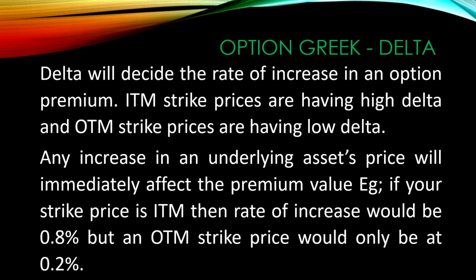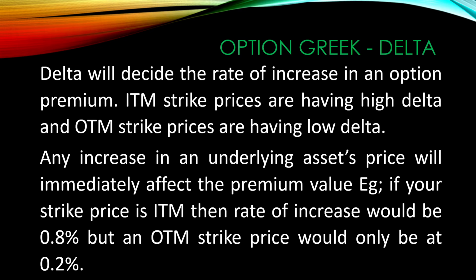In our previous video, we clearly mentioned that the premium of an option contract is based on its strike price. Here, if Tata Motors is trading at 600 and you are buying a call option at 600, then that strike price is at the money. So the premium will change very positively if it moves up.